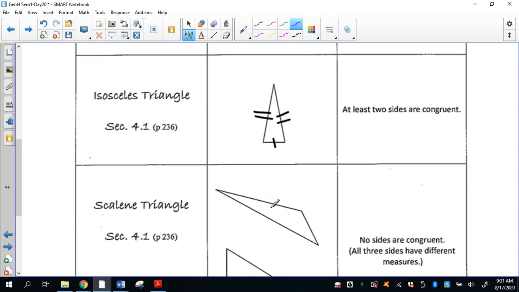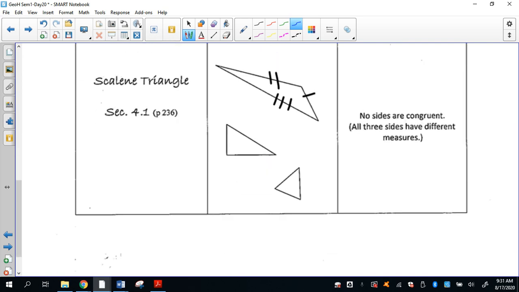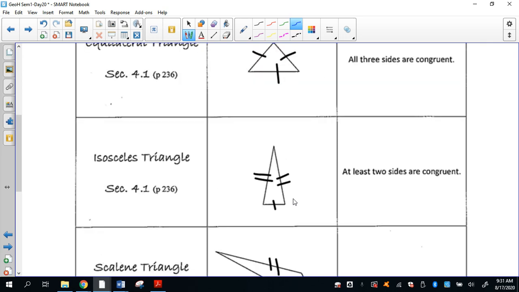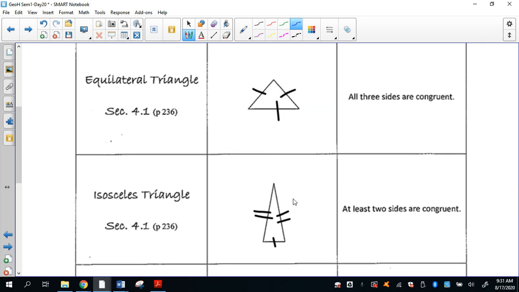Scalene, all three sides have different lengths. So you represent the sides with different tick marks. I'm just representing that in each of these triangles, the side lengths are different. Okay, so scalene, three sides are different. Isosceles, two sides are congruent, and equilateral, three sides are congruent.